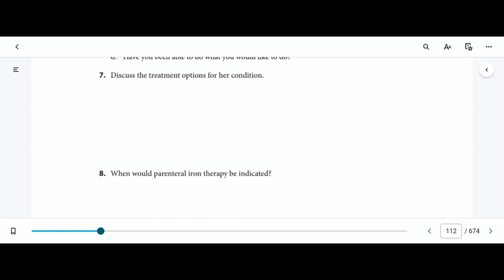What do you think? Any guesses? Sure, when it's very low, yes. Maybe she's not compliant with her oral or can't tolerate it for whatever reason.